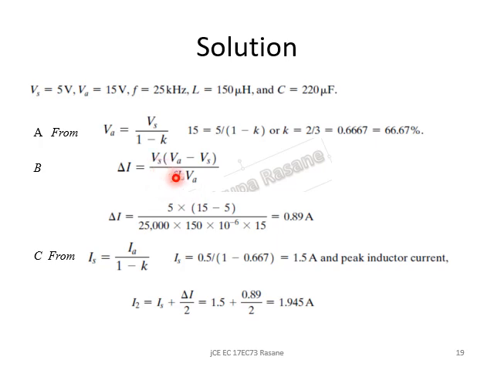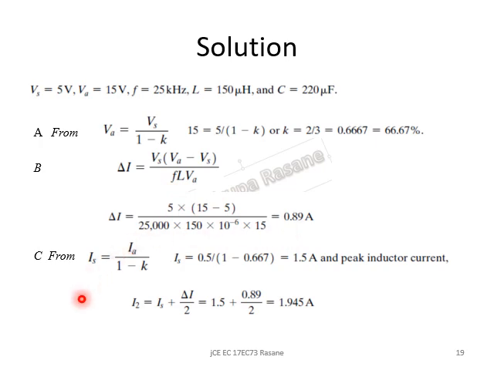We know almost all the values, right? Vs is 5, Va is 15, and F is 25 kilohertz. And L is nothing but 150 micro, so put 10 to the power of minus 6, into your Va, which is nothing but the output voltage 15. So calculating, I should be getting around 0.89 amperes.